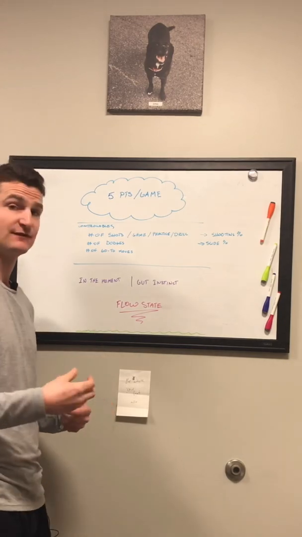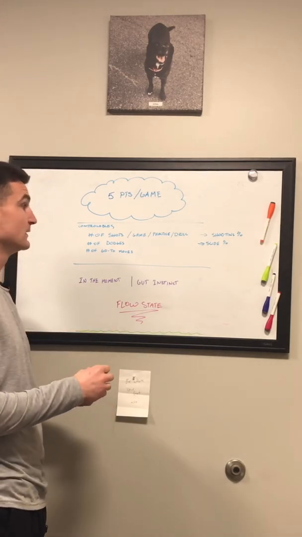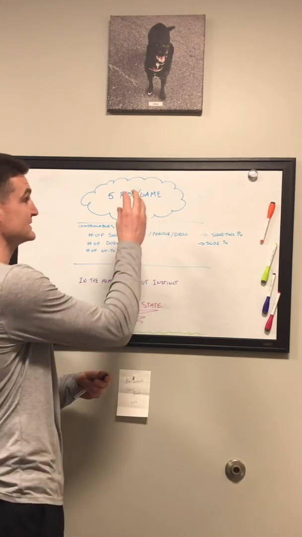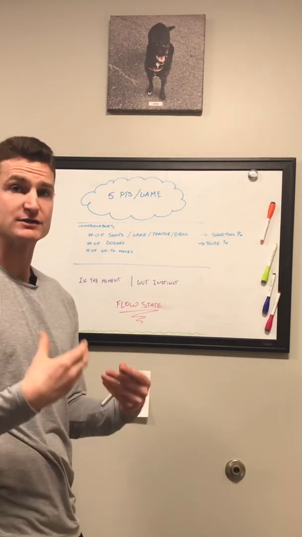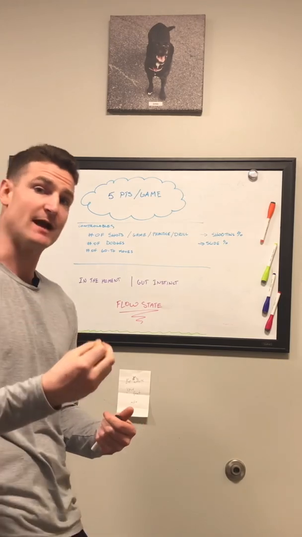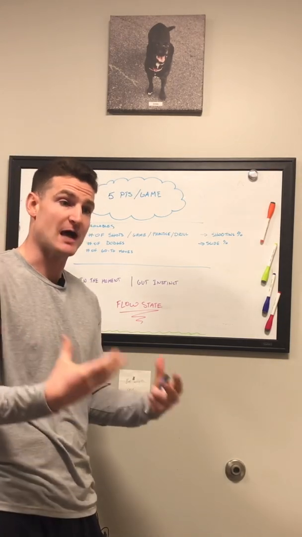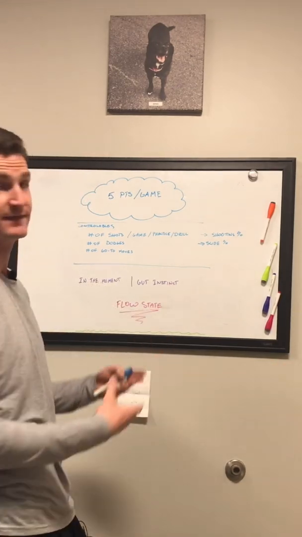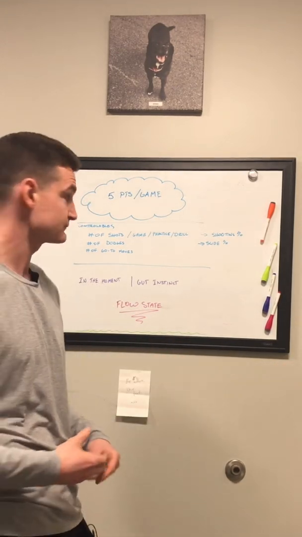So we want to get specific about what I just described there and give ourselves the best chance of success. But we don't want to expect to get a certain amount of points per game, we want to expect ourselves to try a certain amount of attempts per game with the hope that things average out over time.